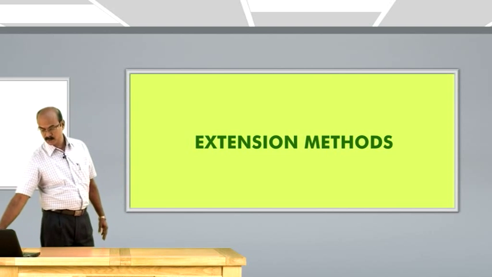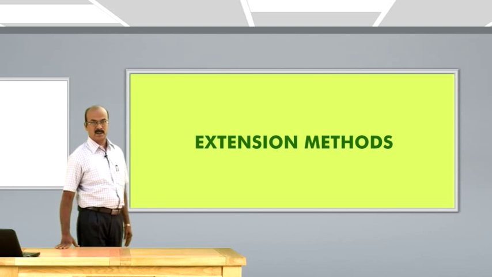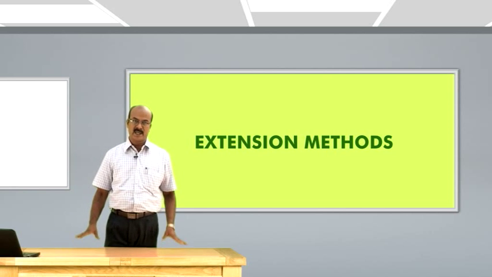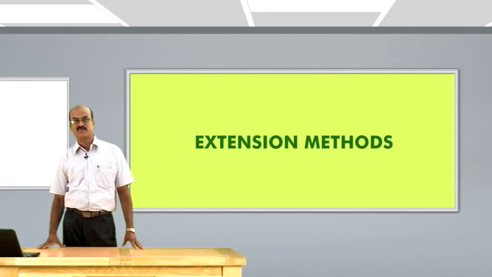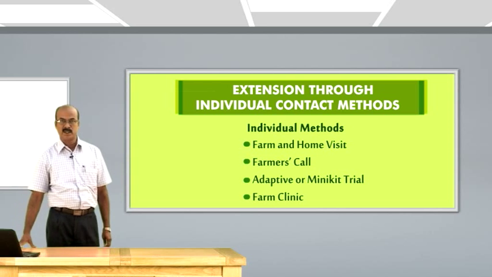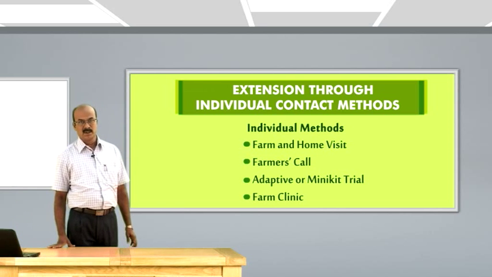Individual contact, as the name itself implies, means individually contacting the clients or the farmers. Maybe it depends on the availability of time again. There are different methods adopted at the individual contact level. Farm and home visit is the first one.